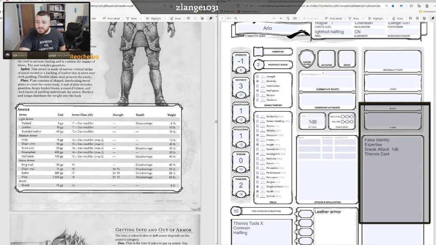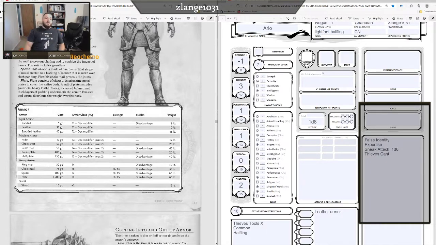So that takes us up here to our armor class. The armor class of leather armor is 11 plus your dex modifier. So it is 11 plus our dex modifier of 3. We do not get a proficiency bonus to armor class, because we wouldn't even be getting this 11 if it wasn't for being proficient with leather armor.